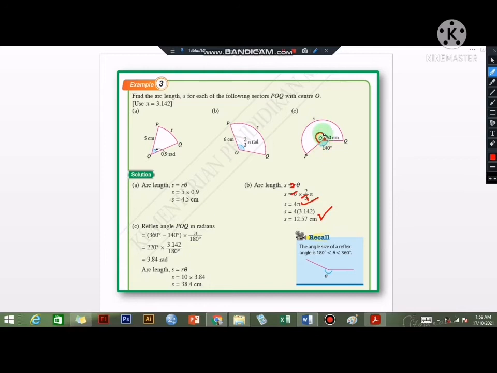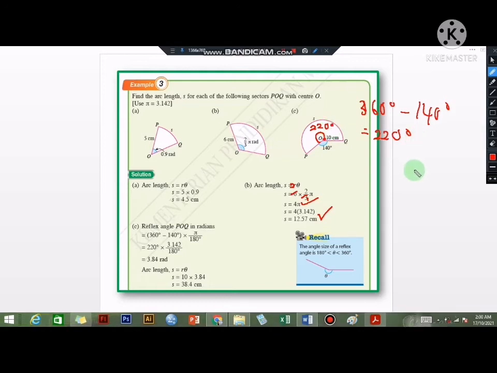So in order for you to find this angle, you need to do 360 degree minus 140. So your answer will be 220 degree. This one is in the form of unit degree.